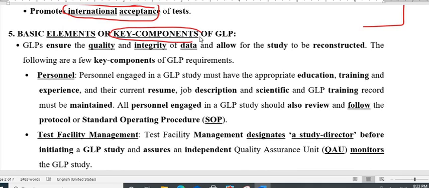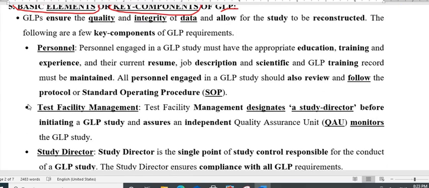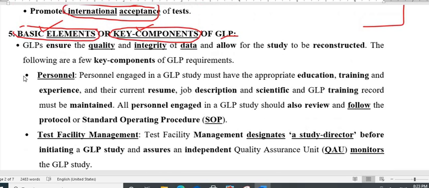components of the GLP, or you can say what are the basic elements that you have to consider in the GLP that we are going to discuss. So the basic elements or key components of the GLP are, first, personnel.